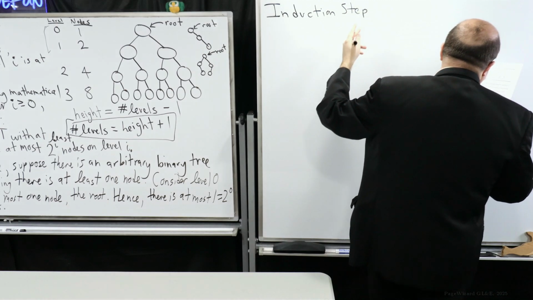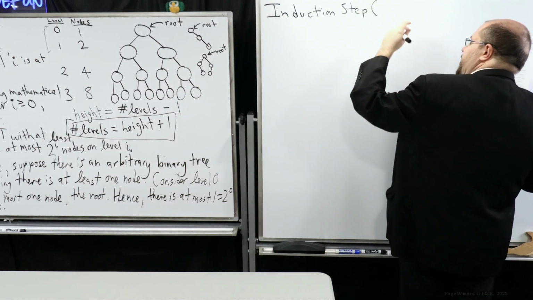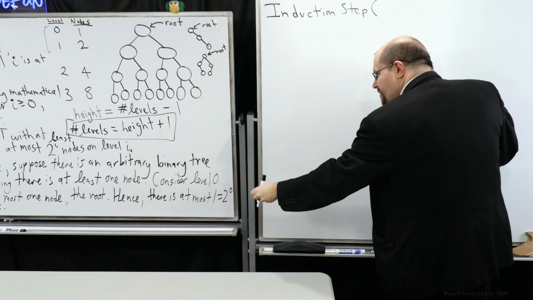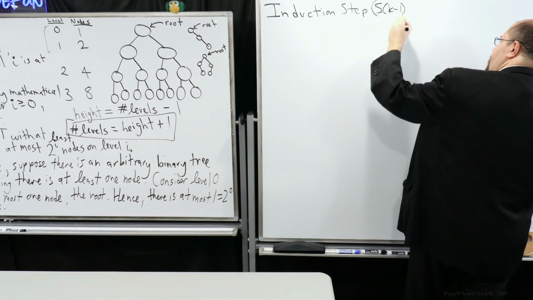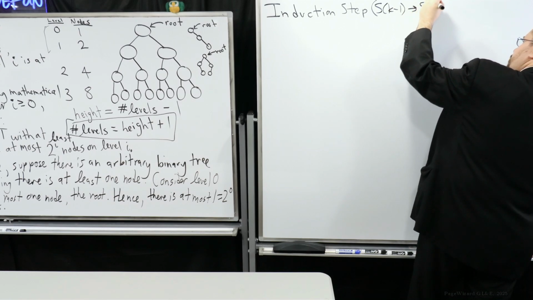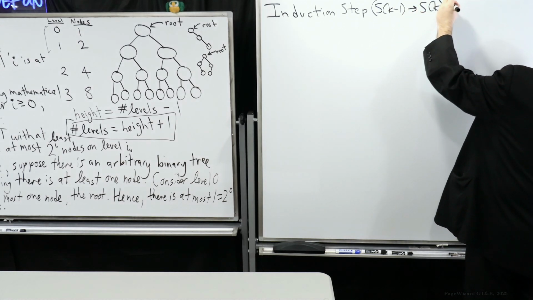Now, the way I'm going to do this is I'm going to formulate this where I'm taking the previous statement. So I'm going to have S of k minus 1. I would like to prove that S of k follows from S of k minus 1.